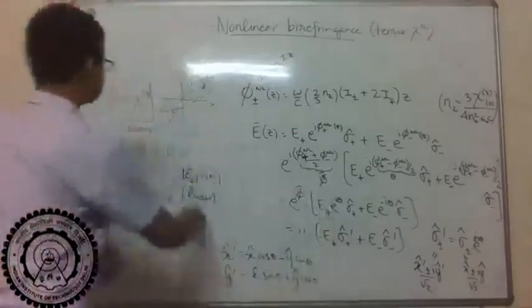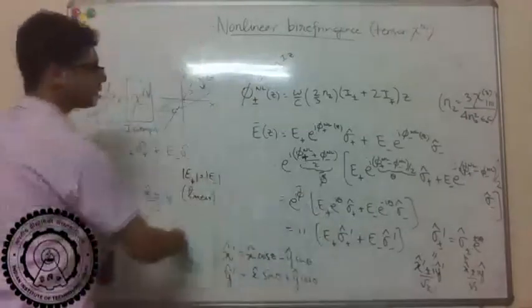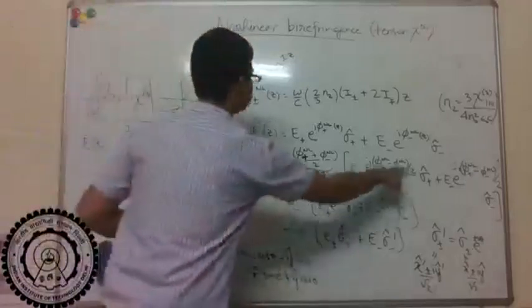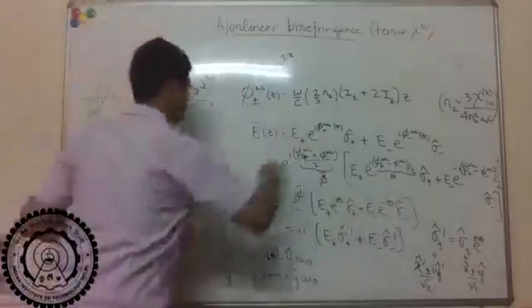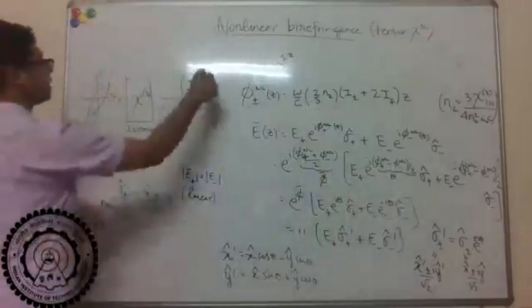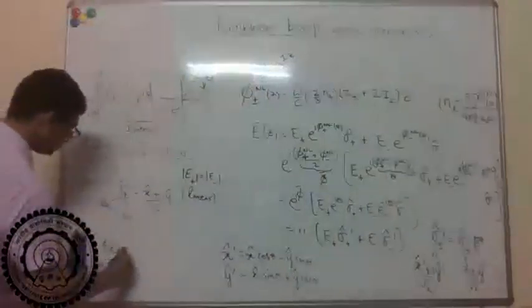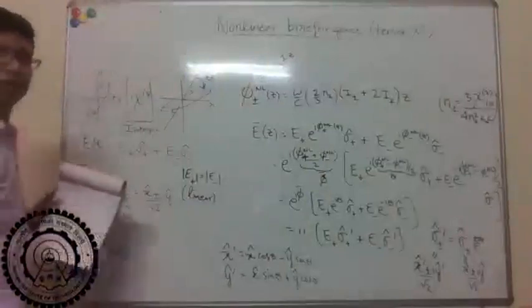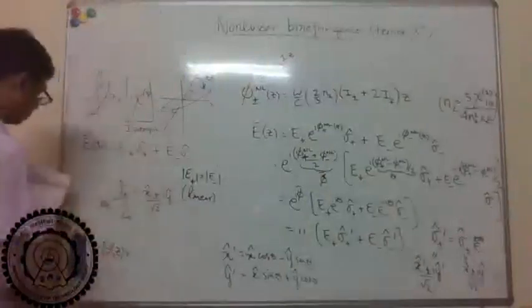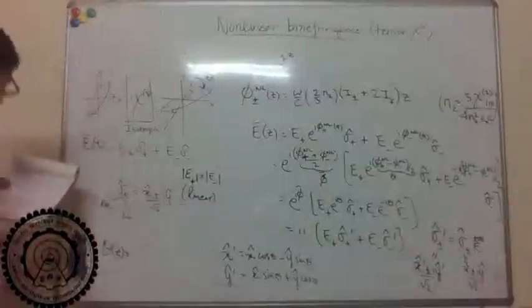And this angle of rotation, this theta, is phi plus minus phi minus over 2. And from here, you can get this angle of rotation. So theta depends on the propagation distance or the length of the medium.